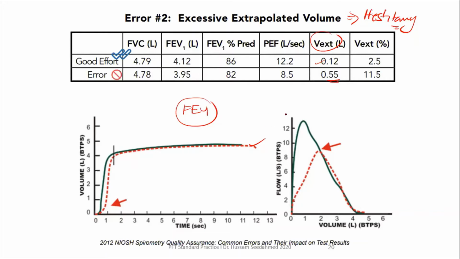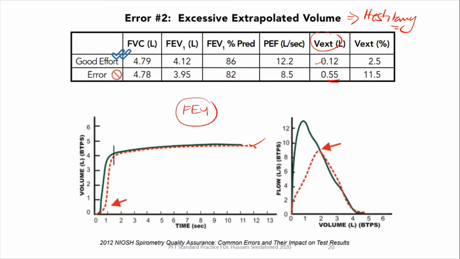So how can you solve such a problem? Also by coaching. You coach the subject to blast faster or immediately. I don't want you to hesitate. Please blow as fast and as immediately as you can without any hesitation.